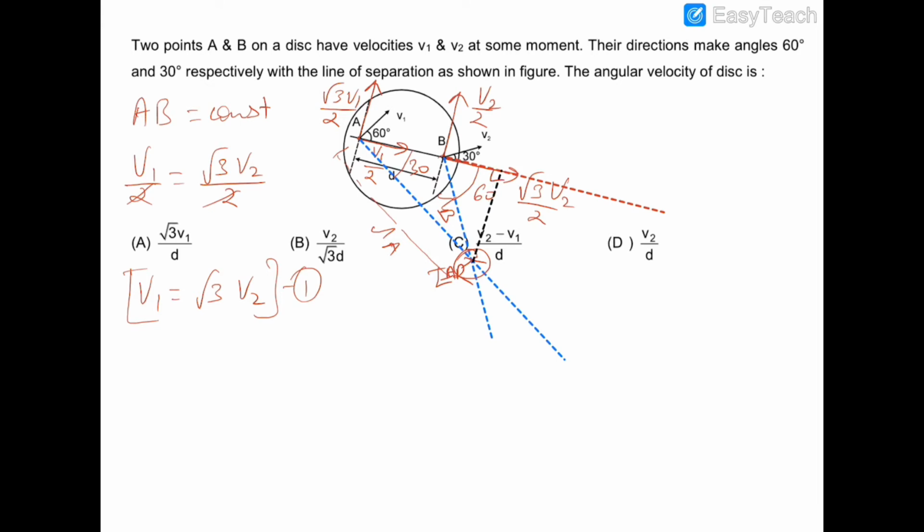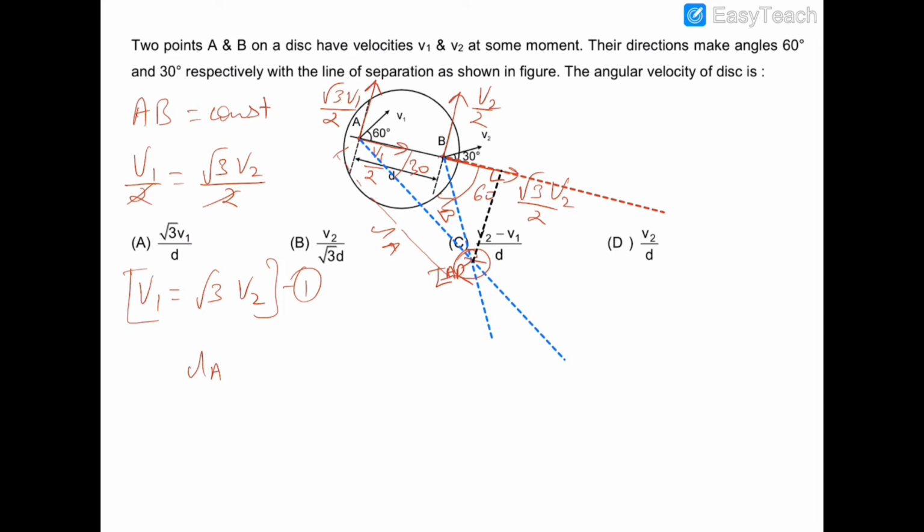Then you can see that the component of RA along this line is RA cos 30. This is RA and this is 30, so this is RA cos 30, and the component of RB on this line is RB cos 60.